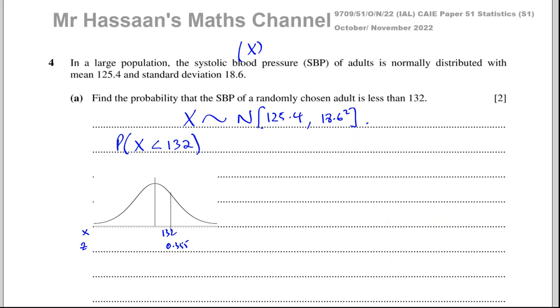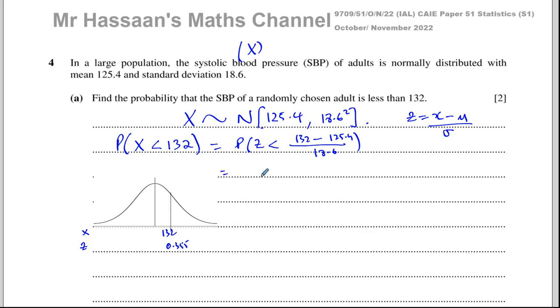We could have just written down that Z, the standardized score, is equal to the score minus the mean over the standard deviation. And then we could have just said this means that the probability of X is less than 132 is the same as the probability that Z is less than, and then we standardize the score, 132 minus the mean, 125.4, divided by 18.6.